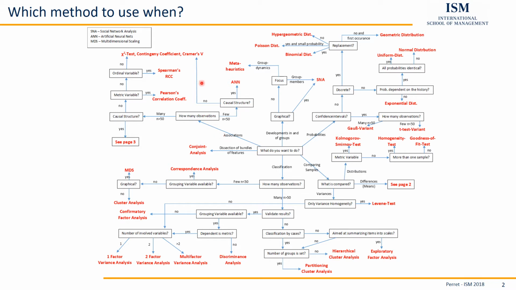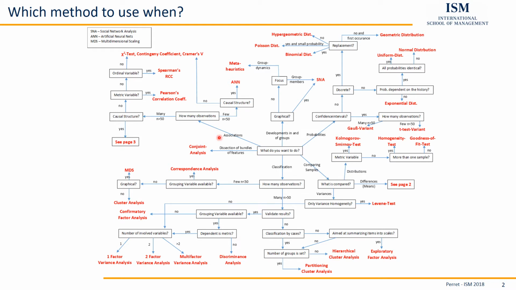So here, this part is for few observations. You could go with chi-squared, which almost always works, or with artificial neural networks. You could also use artificial neural networks and chi-squared if you have more observations. But these are the options you're still left with if you only have a few observations.